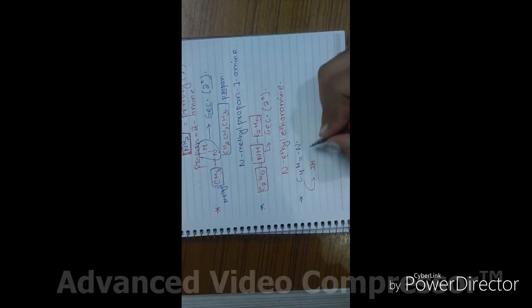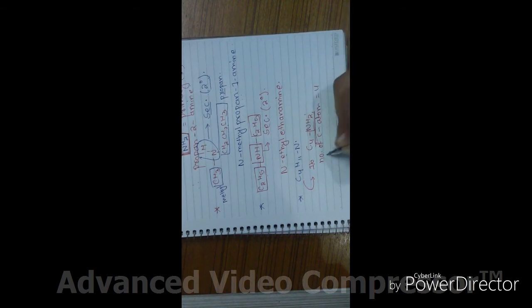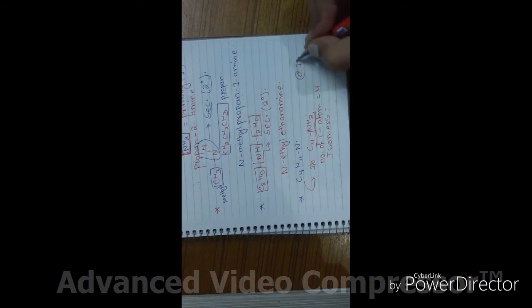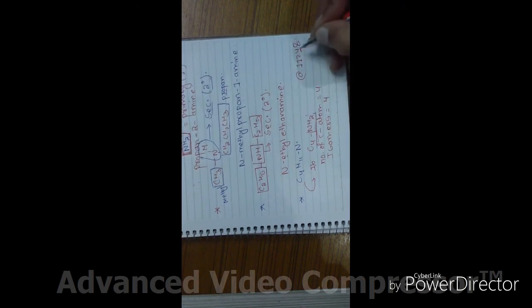First, writing the structure of the primary form, C4 and H2. This is the primary form as the NH2 group is present. So the number of carbon atoms equals 4. So isomers, we have to remember 1, 1, 2, 4, 8. So for carbon number 4, 4 isomers are present. 1, 2, 3, 4 carbon atoms, 4 isomers are present. This is the primary form.